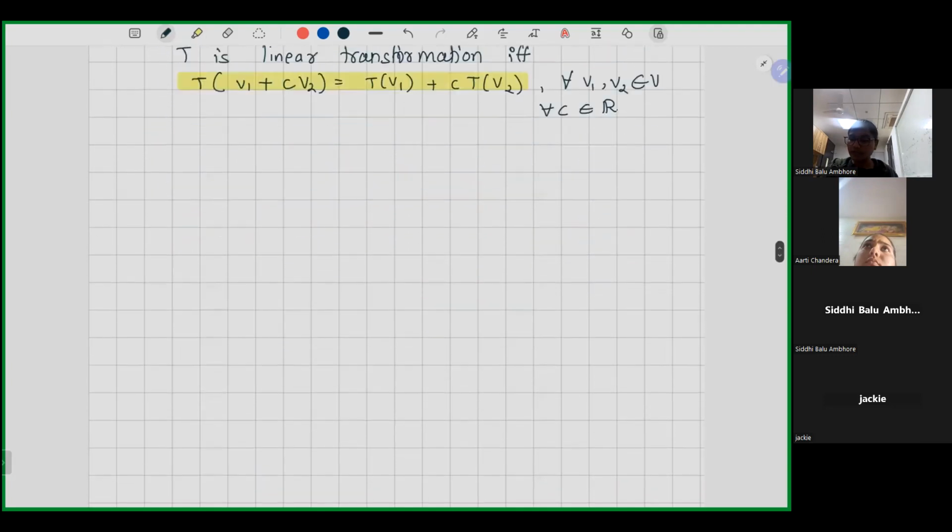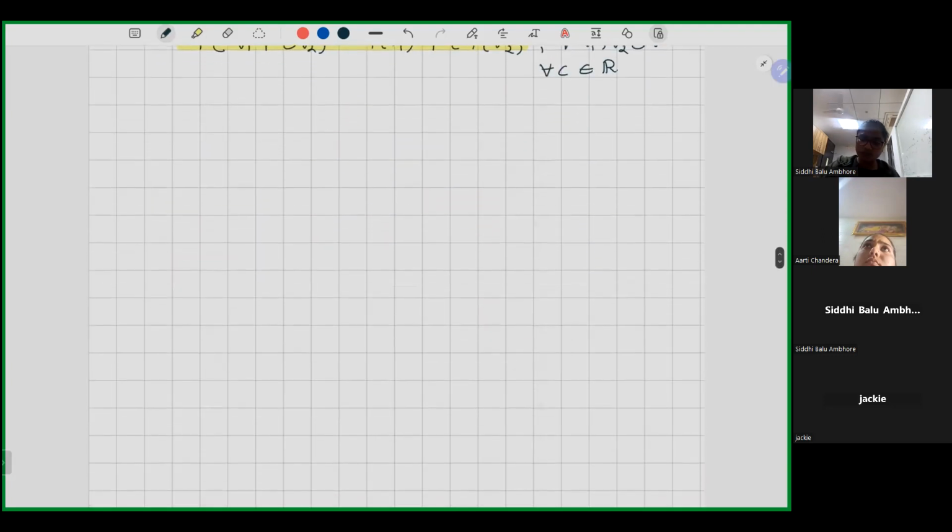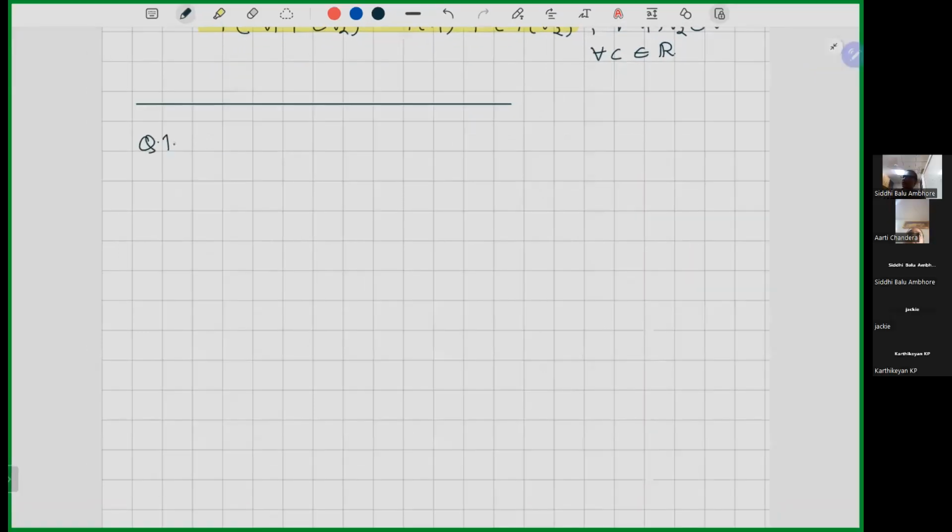So let's start with our first question. Question 1: check whether the following maps are linear transformations or not.